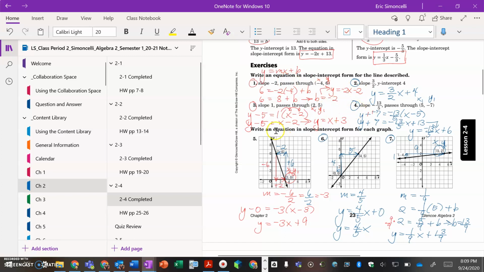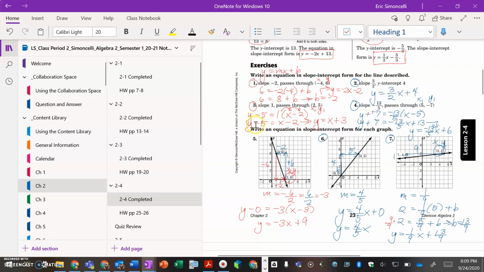There are some other questions that I wanted to highlight. Number 3, as you can tell, says with a slope of 1 going through the point (2, 5). You could use y equals mx plus b like I did on number 1. However, in this particular problem, I'm going to try out my point-slope form.